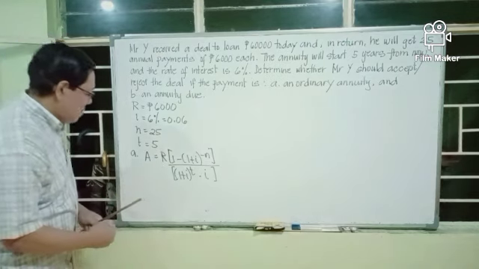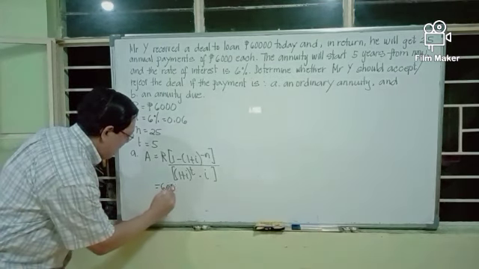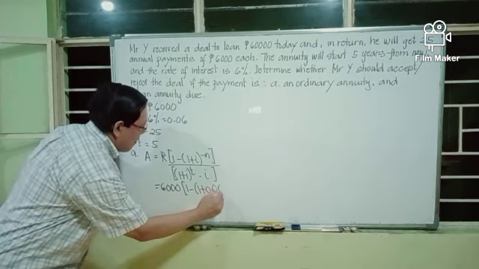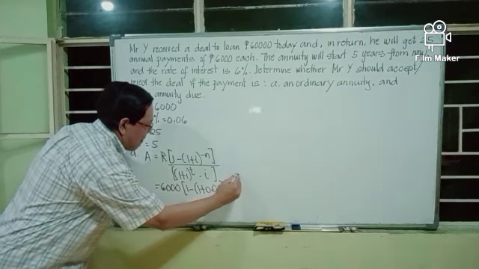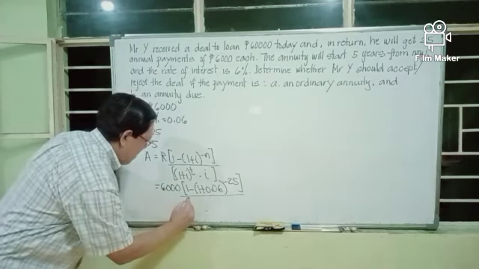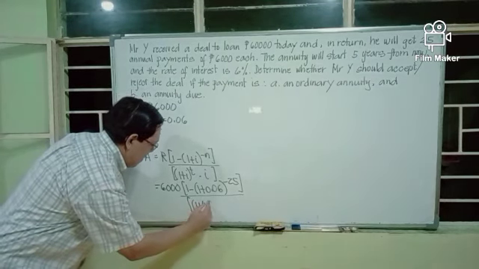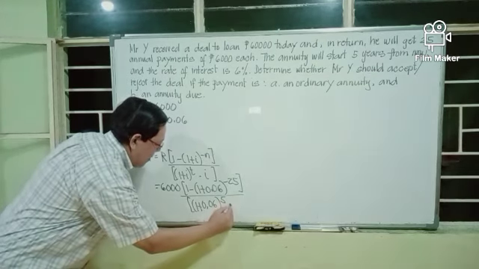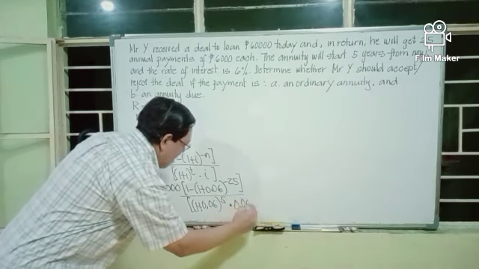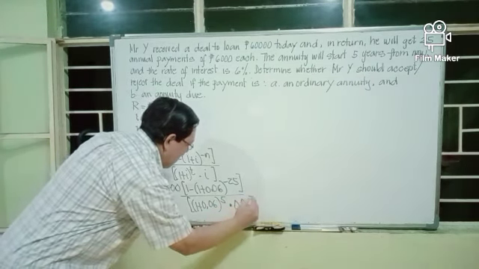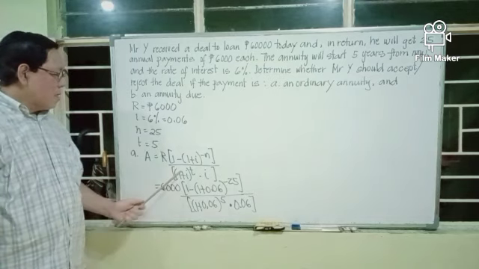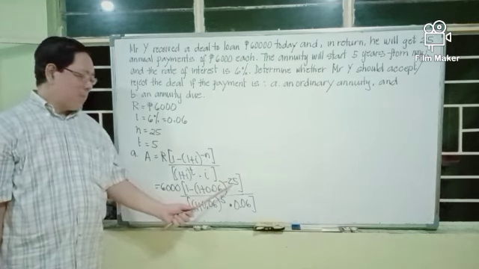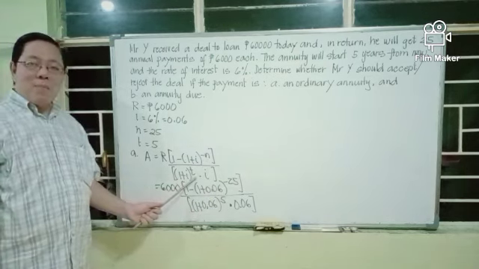Capital R is 6,000 pesos. The interest rate per year is 0.06, n is 25, and t, the number of deferred payments, is 5.